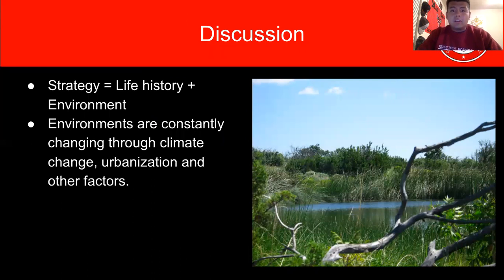Since environments are constantly changing, and we found in our research that that's the factor controlling the strategy, it's important to know how the environment is changing, whether it's climate change, urbanization, or other factors. Being able to quantify life strategies through the fast-slow continuum also can help us understand the continuing evolution, abundance, and distribution of species in a given environment.